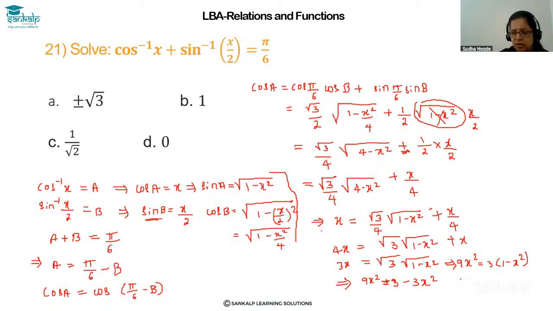Is that correct? This implies 12x square is equal to 12. Is that correct?